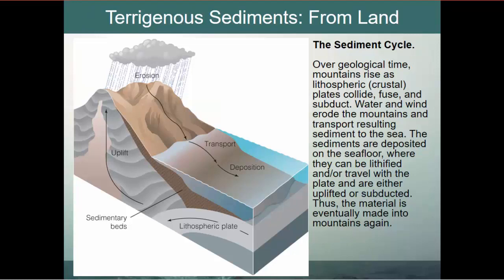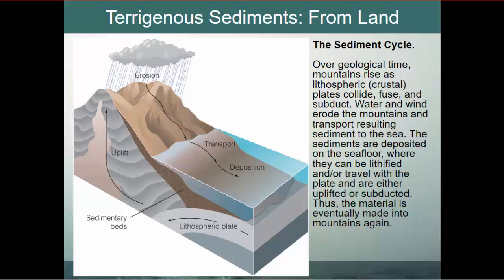So this is an example of the sediment cycle. You have uplift of some perhaps metamorphic or certainly igneous rock, and that uplifted material is exposed to the surface where it is weathered, and then erosion moves it away from the weathered parent material. Transportation moves it downslope by gravity.